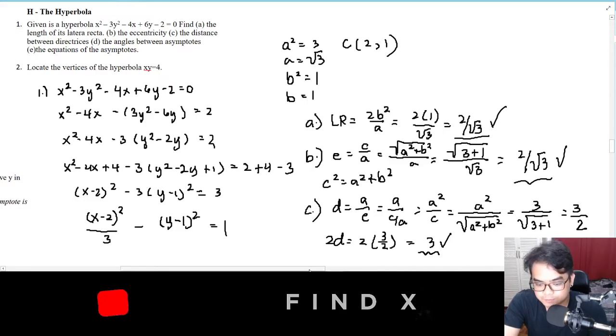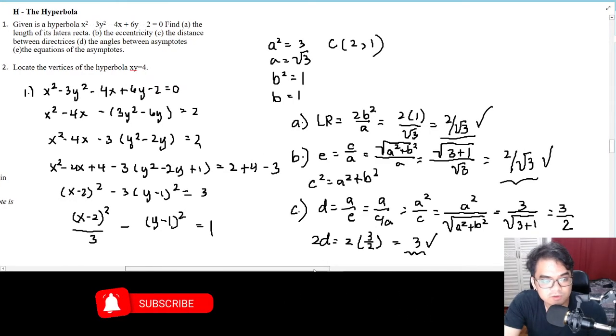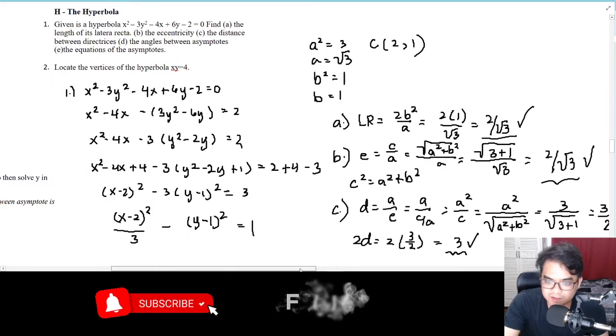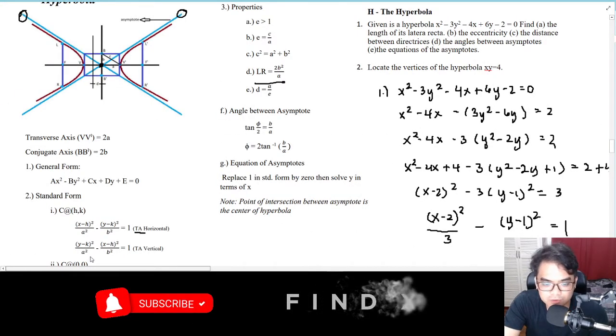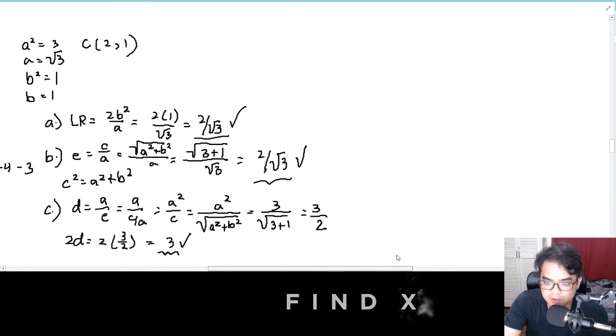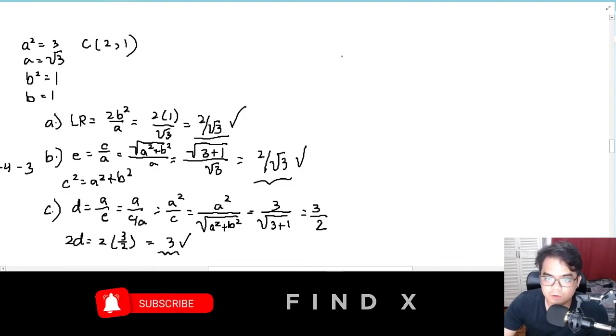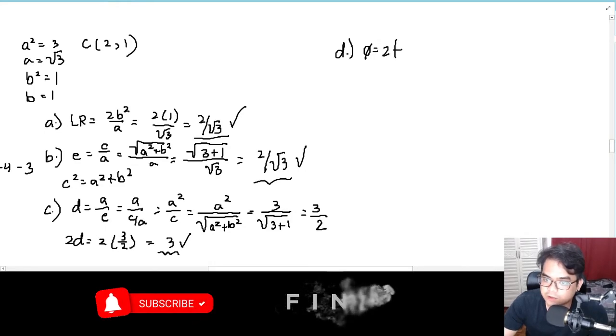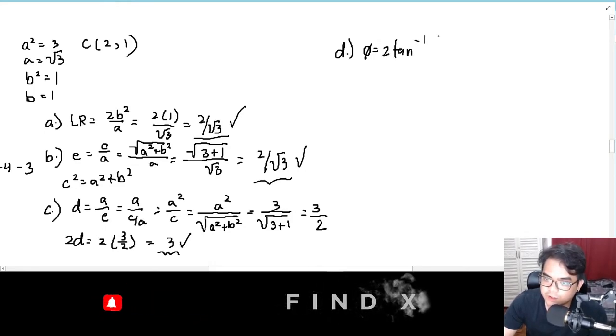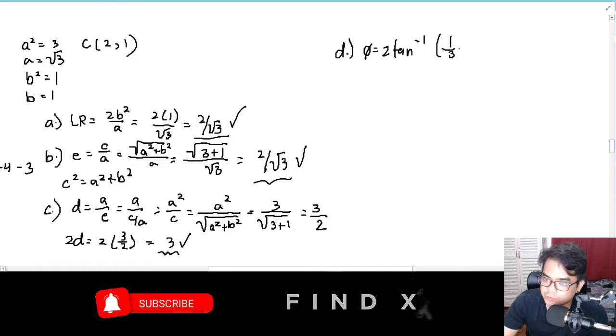Okay, what else? Letter D is the angle between asymptotes, that is 2 arctan b over a. So b is 1 and a is square root of 3.